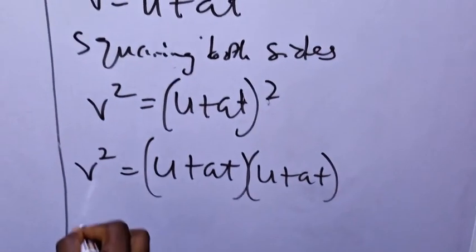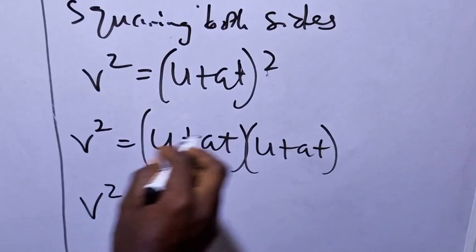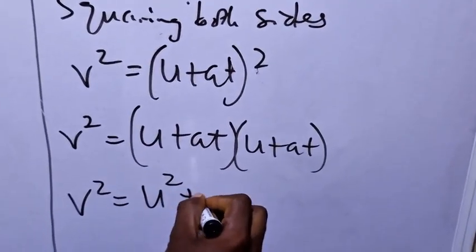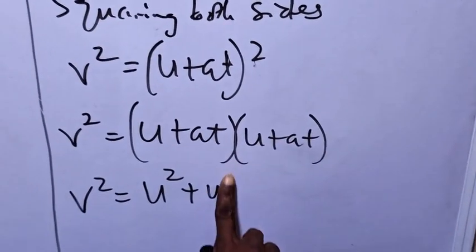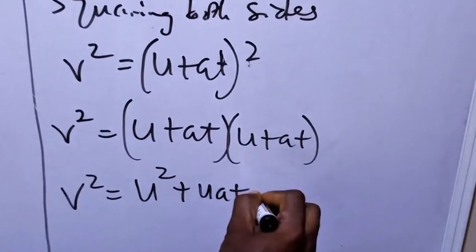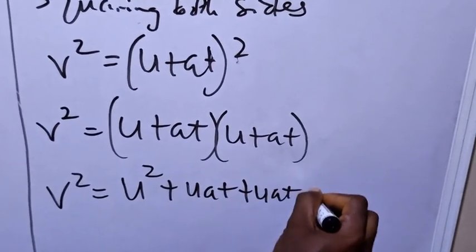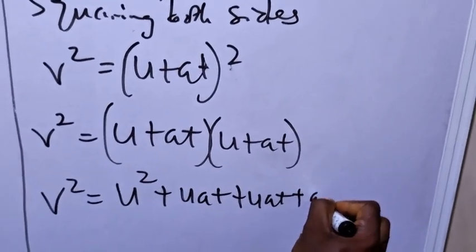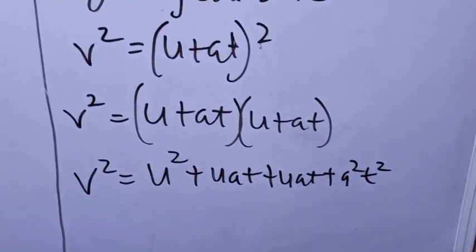Now multiplying this through, u multiplied by u, we have u square, plus u multiplied by at, you have uat, plus this by this, also have uat, plus a square t square.